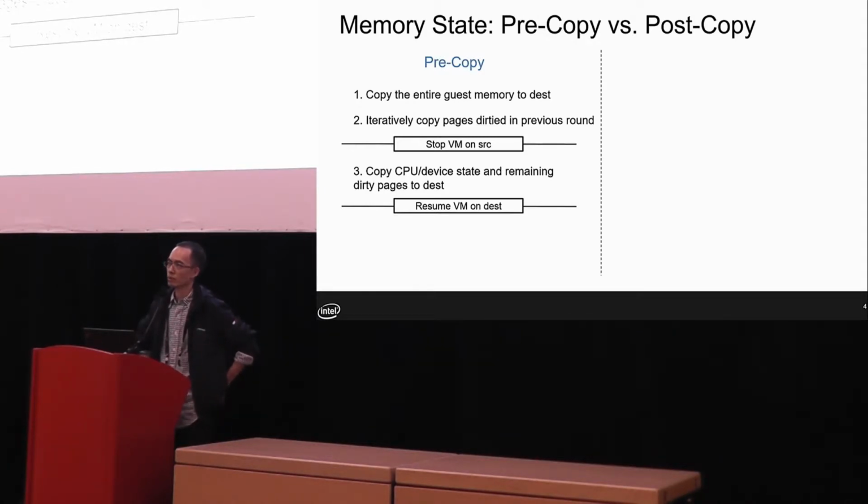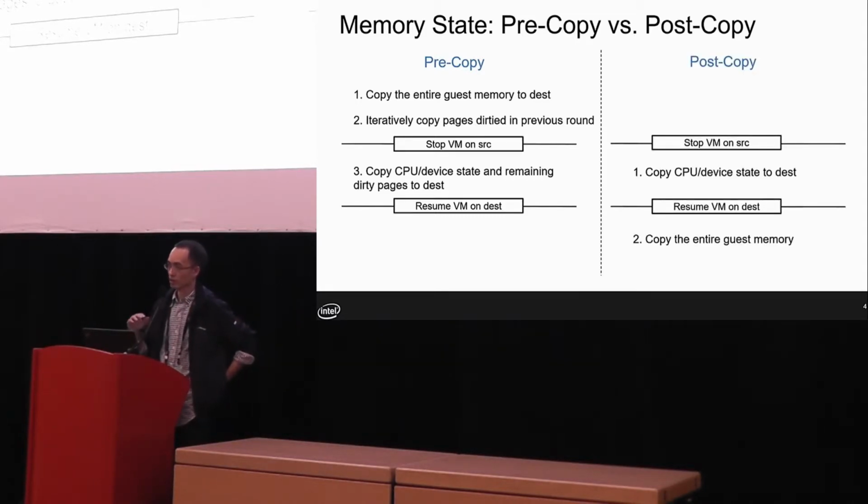When the remaining dirty pages reach a threshold, or when it hits a timeout, the pre-copy phase is completed. Then the VM is stopped on the source machine, the CPU state, device state, and remaining dirty pages are copied to the target machine, and then migration completes and the VM resumes on the target machine to continue execution.